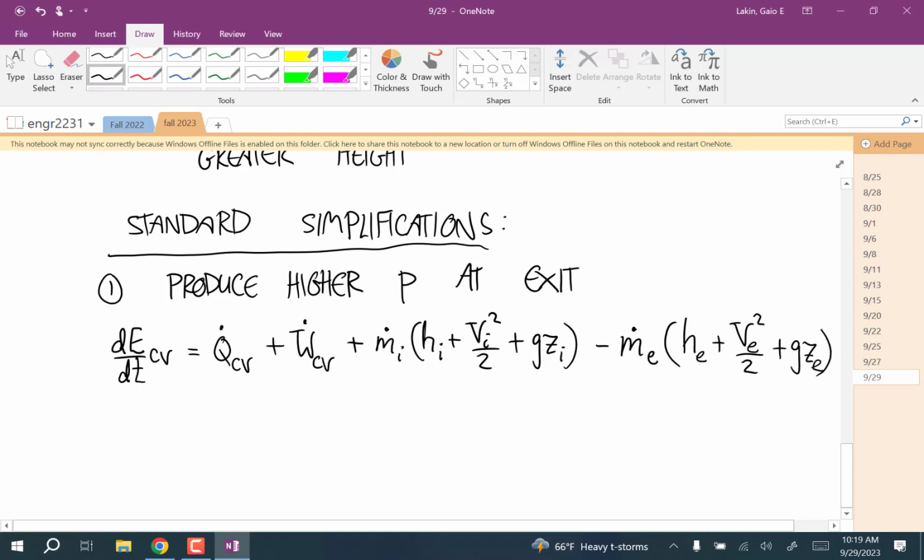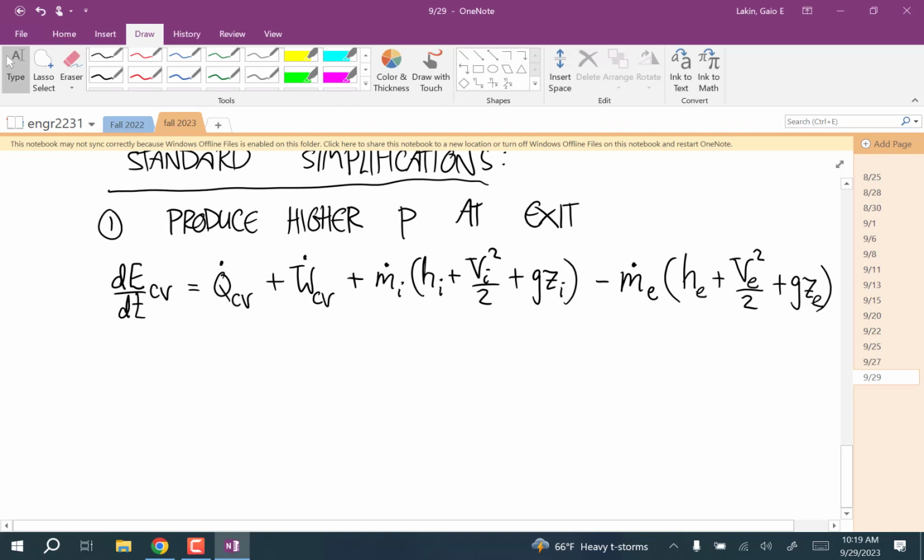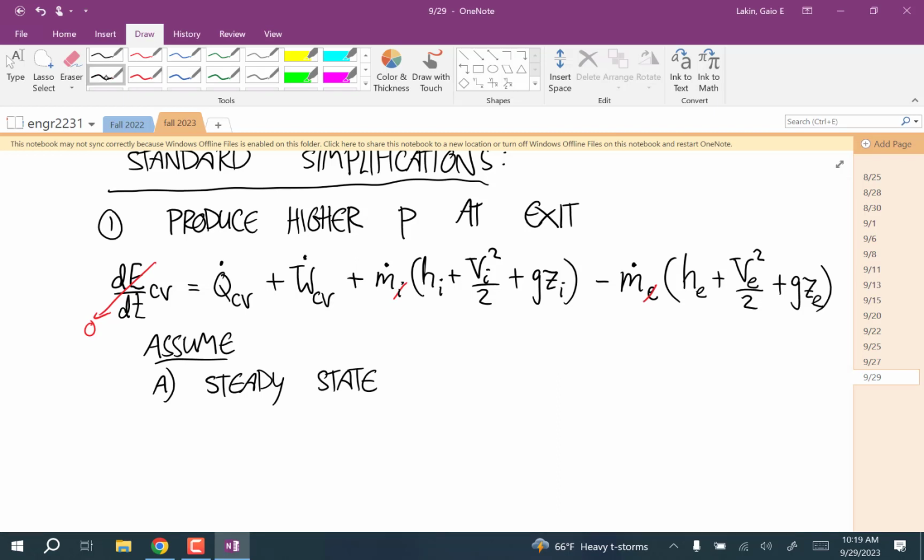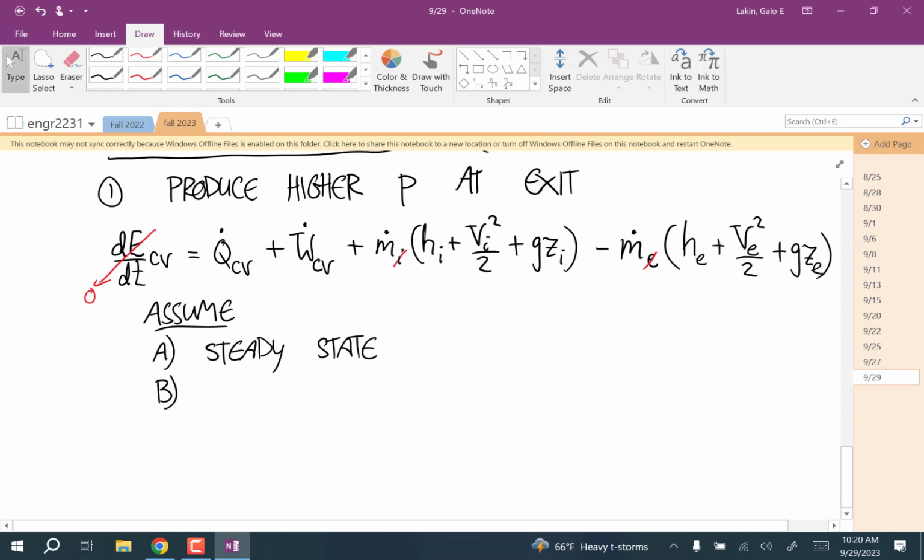Okay, so that's the starting point. And we're going to assume, first, steady state. And so that makes this go to 0. The I and the E go away, and we just have the one M dot. We're going to assume that there's no significant heat transfer.